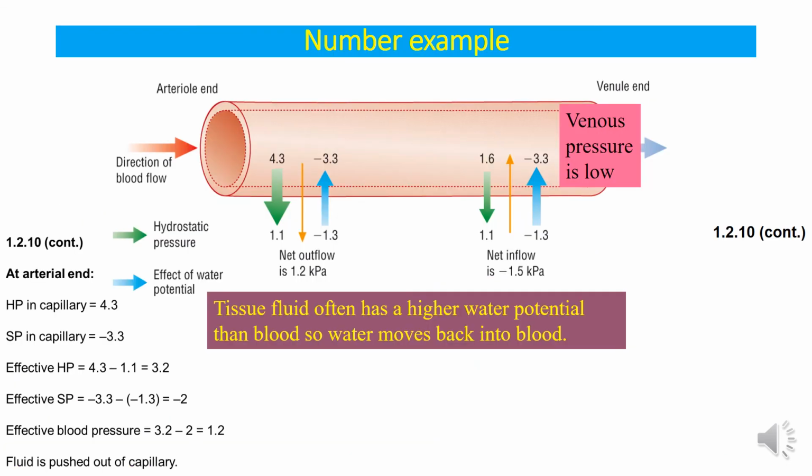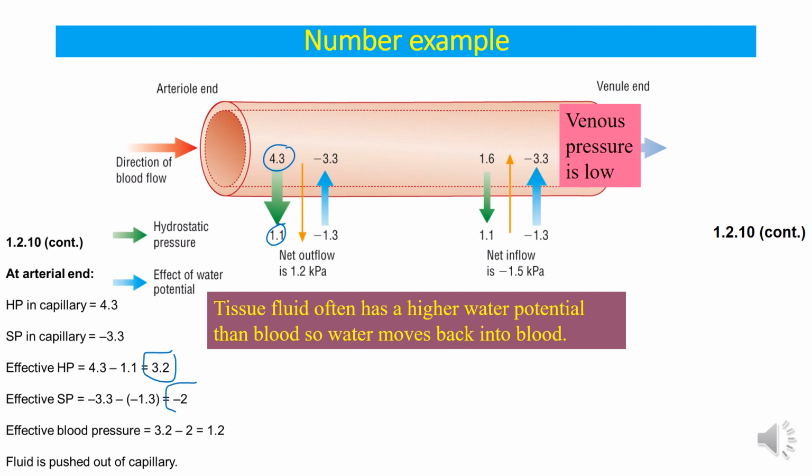Okay, so here's a sum that we have here, showing you what is happening. So we've got the hydrostatic pressure, and the difference between 4.3 and 1.1 is 3.2. The osmotic pressure goes from minus 3.3 to minus 1.1.